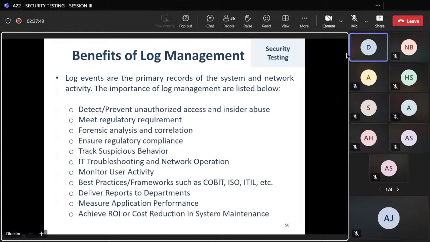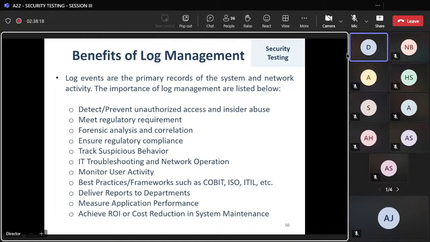So what are the various benefits we get from log management? We can detect or prevent any kind of unauthorized access. Log analysis will help you to meet the regulatory requirements, and it greatly helps when it comes to forensic investigation, forensic analysis for any kind of attacks or breaches after the event.